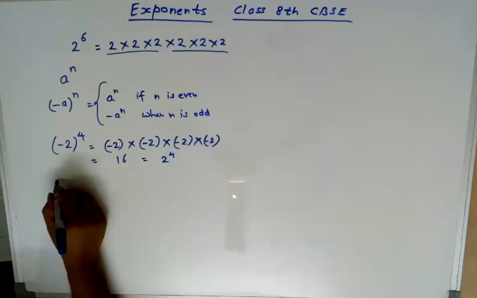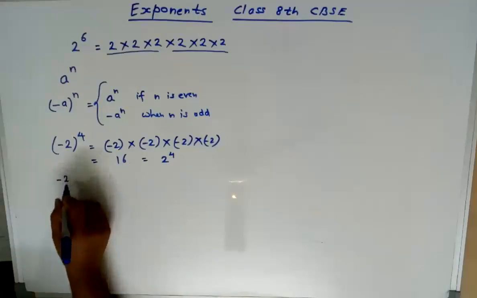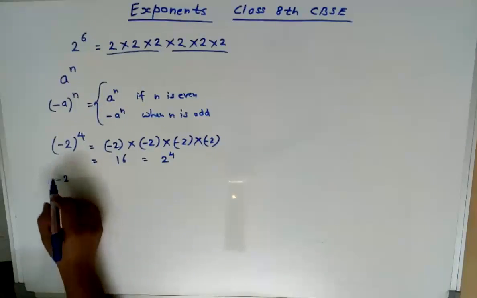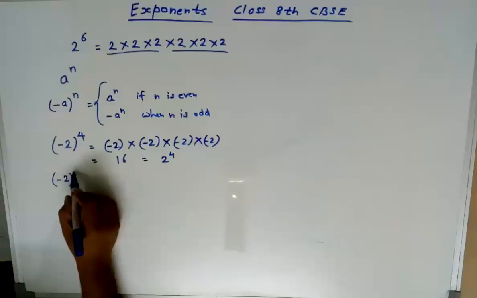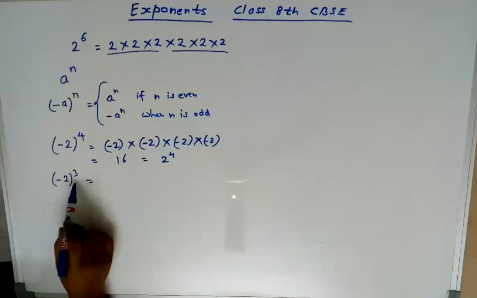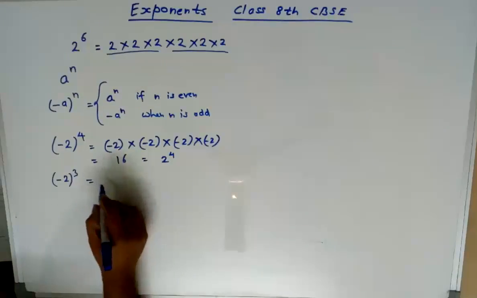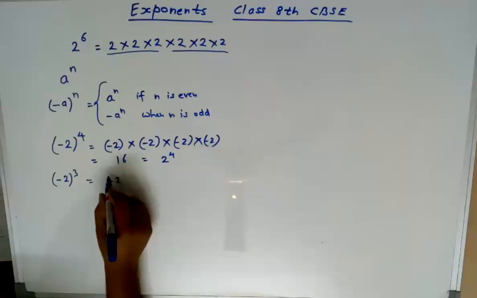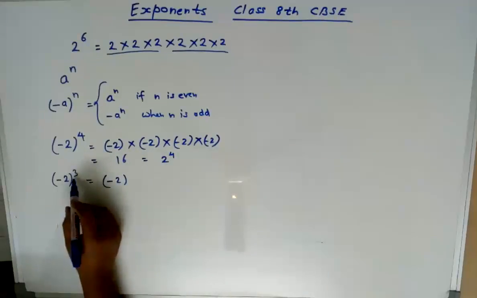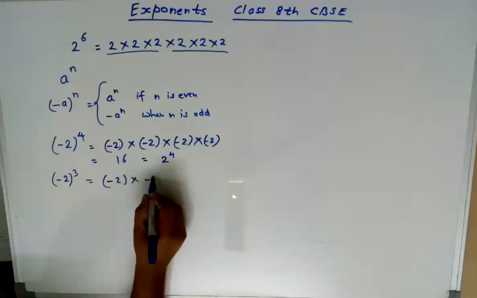Let us take one more example. Let us take the same number minus 2 and its exponent is 3. Now here we can see that n is an odd number. So we will write minus 2 three times.